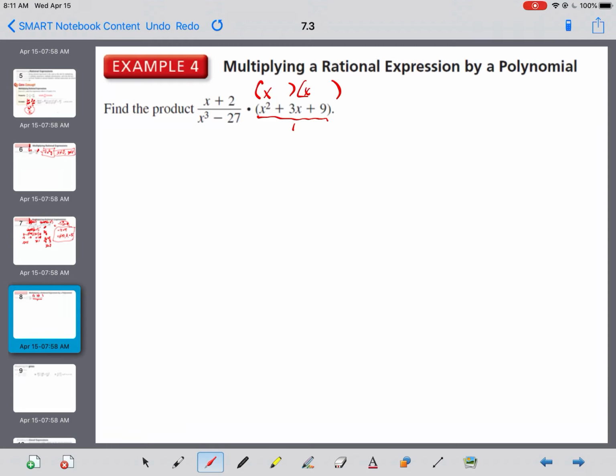Okay, well, this is just an over 1, so we don't have to worry about that too much, but let's break it up. X, 9. Let's see, factors of 9 that add to 3. Ooh, there aren't any. That's not good. What are we going to do there? Okay, well, put them together.